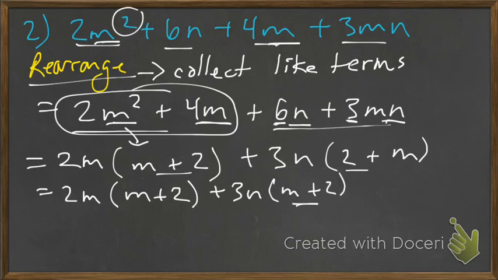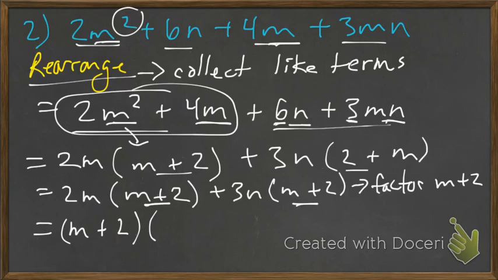So now I have m plus 2 here, m plus 2 here. I can factor that whole thing out. Factor m plus 2. So I'll be left with m plus 2, all multiplied by 2m plus 3n.